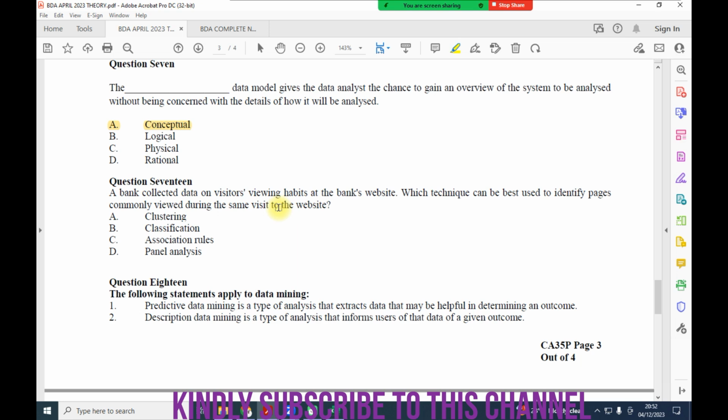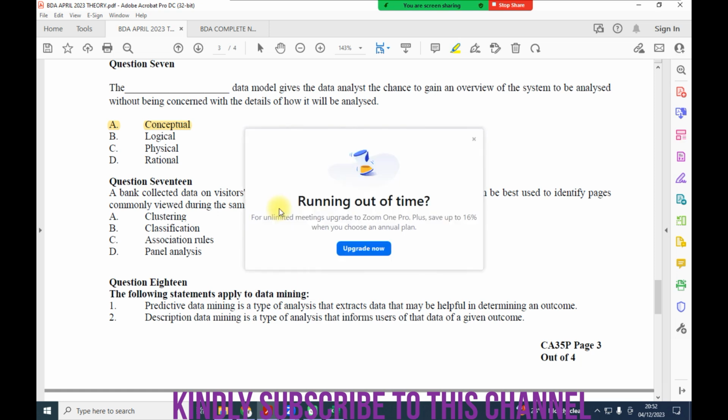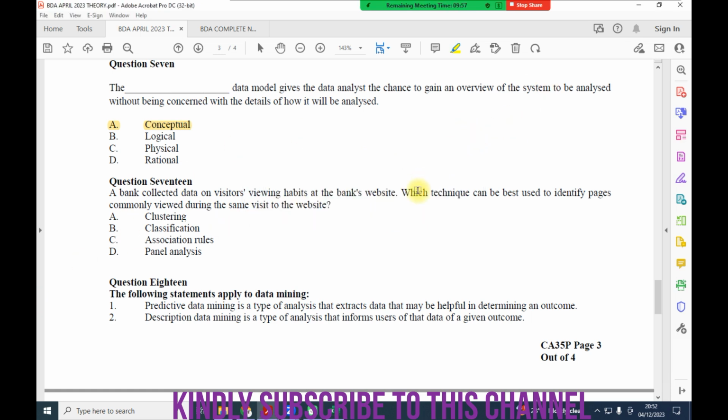Then when we talk about panel analysis, that one is a statistical method widely used in social sciences to analyze two-dimensional panel data. So the data that are two-dimensional, that is where we are dealing with panel analysis.